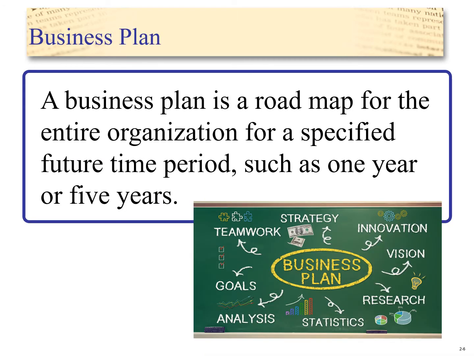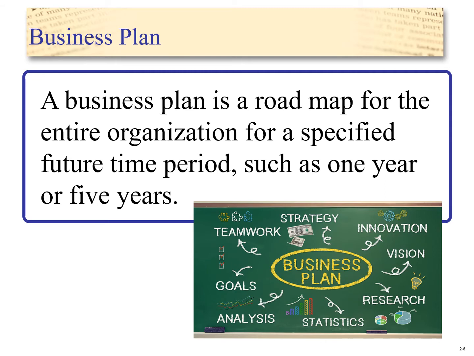A business plan is just like any other plan. If you remove business from this term and you just think about what a plan means, that's the plan we are talking about here. So a business plan is a roadmap for the entire organization for a specified future time period, such as 1 year or 5 years. If you think about yourselves, what's your plan for a specified future time period?